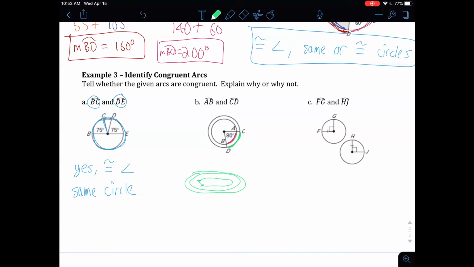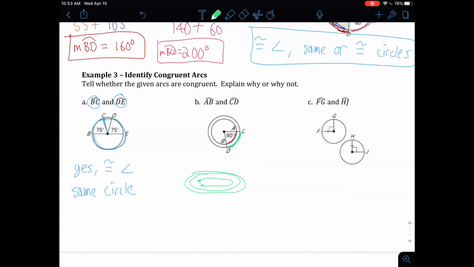So for B, CD is not going to be the same arc. It's actually going to be longer. If you were to straighten these out, CD would look like this, and AB would look like this. If you stretch out these arcs into straight lines, they're not going to be the same. So that's what I mean by it needs to be the same circle or congruent circles for them to be the same. Hopefully that makes sense.